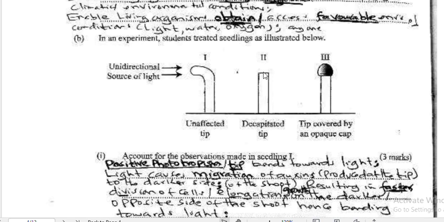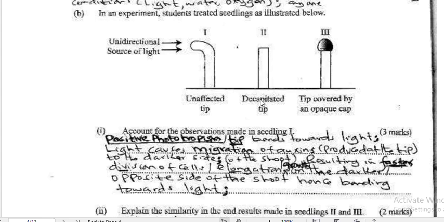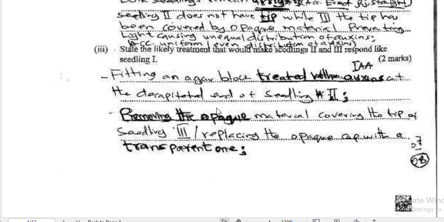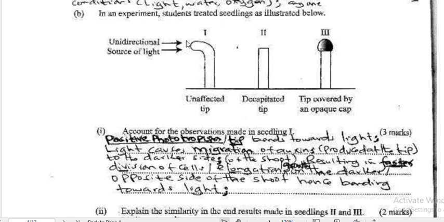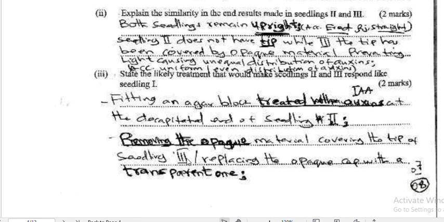In short, we place the agar block here, treated with auxin or indole acetic acid, in order for it to give us the result obtained in seedling 1, which is bending towards light. Then for seedling 3, you remove the opaque material covering the tip, or replace the opaque cap with a transparent one.